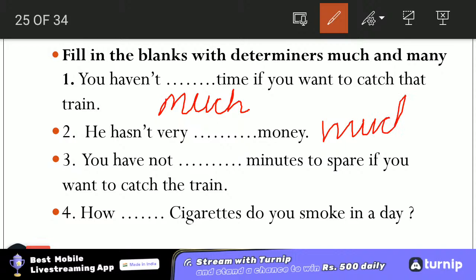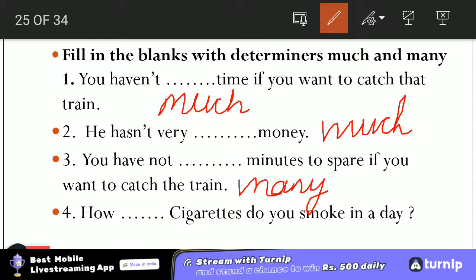Perfect. The third one, you have not blank minutes to spare if you want to catch the train. Now specific minutes are given and minutes can be counted. So with the case of countable things, we use many. You have not many minutes to spare if you want to catch the train.